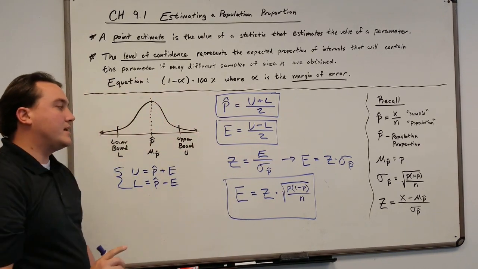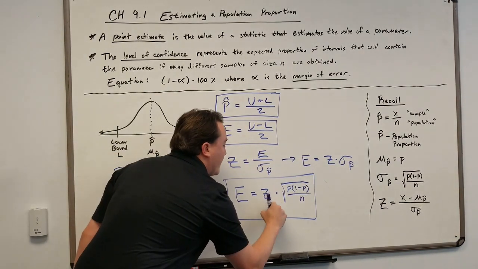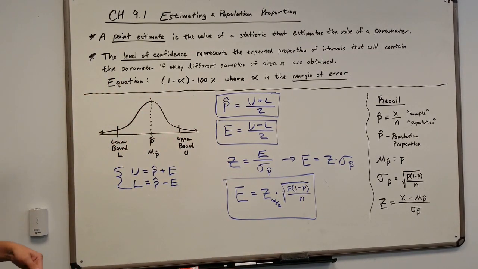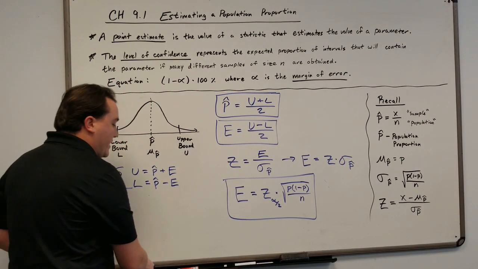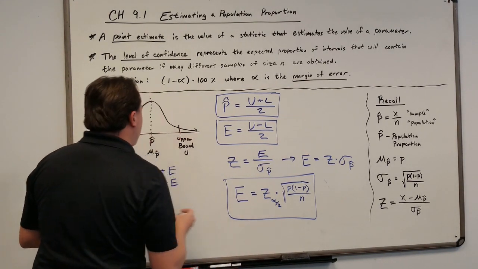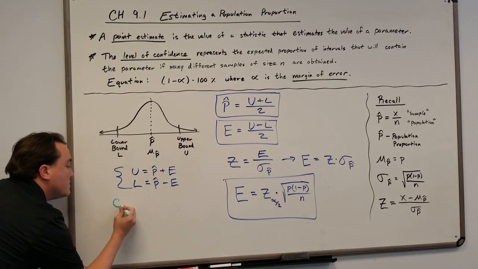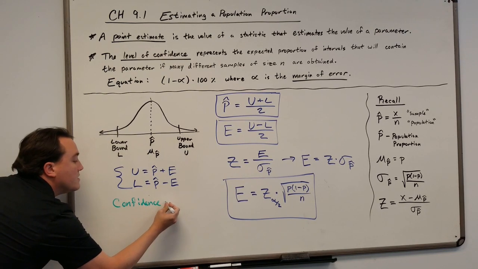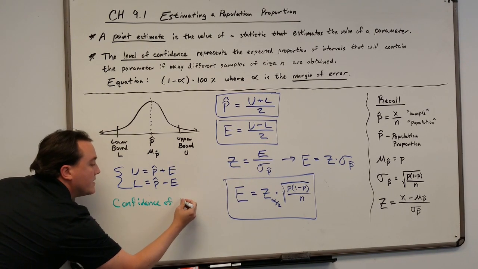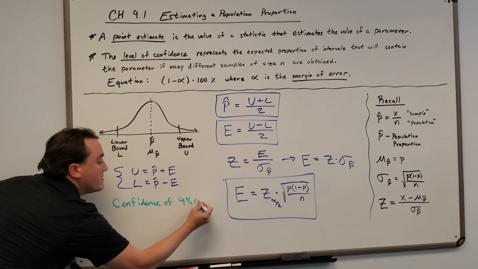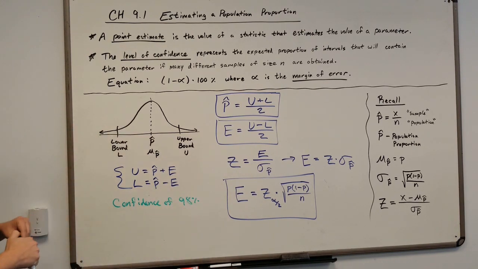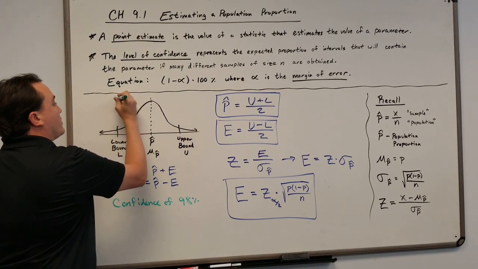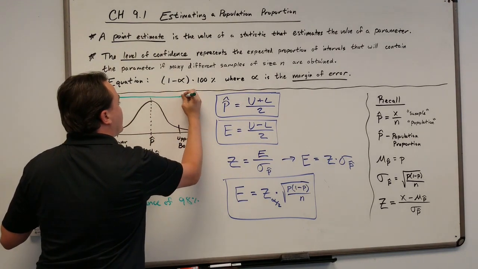And a lot of times when you're dealing with this, they have this little alpha over 2 here. Okay, so what that's coming from is, say we have a confidence of 98%. Okay, so that means if we look at our graph here, 98% of our data is going to be from here to here.